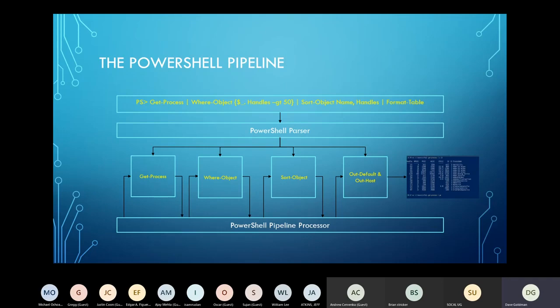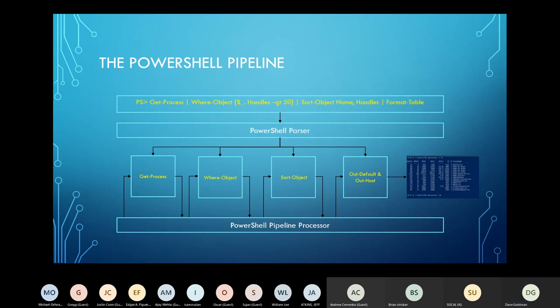In this particular section where we're doing the Where-Object, we're going to start to filter that object down, because we only want objects that contain 50 handles or greater. We'll pass that along to the next pipe, which will get sorted by name and handles. And now there's some interesting stuff, and this is where the magic happens.